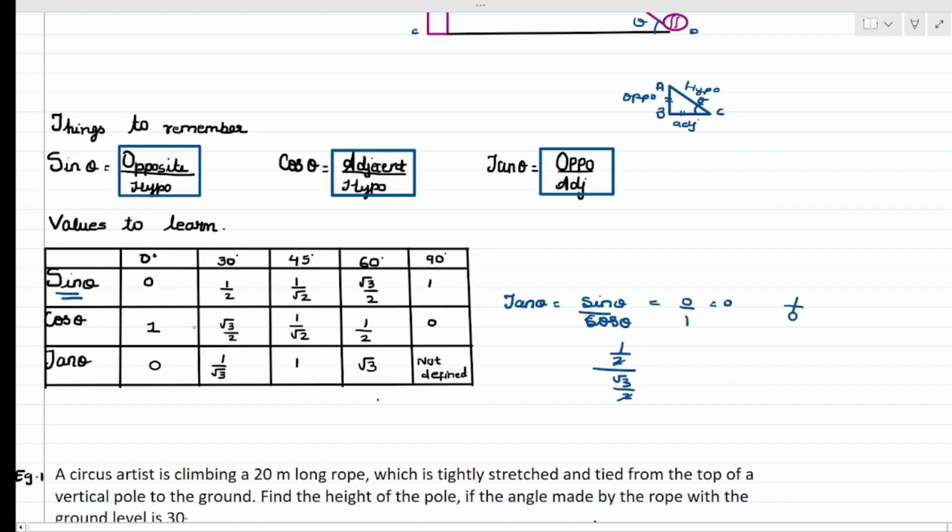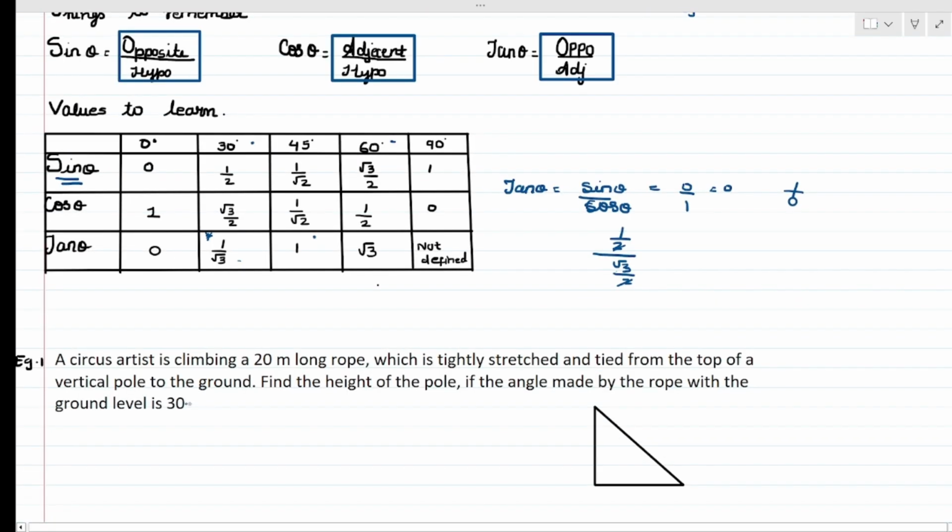Same way, cos 30 is root 3 upon 2 and cos 60 is 1 upon 2. And most important is tan 30. Tan 30 is 1 upon root 3 and tan 60 is root 3. The thing you need to learn for this chapter is mostly the 30 degree and 60 degree for all three of them. And a randomly asked question is tan 45, whose value is 1.